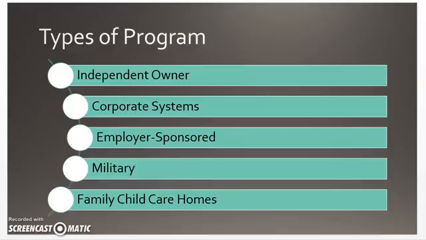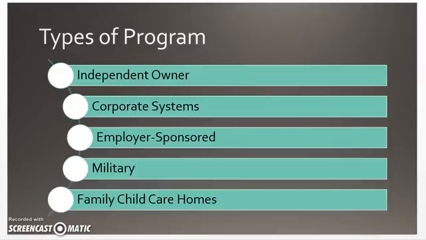An example might be Procter & Gamble. Military programs: the Department of Defense operates a childcare program at military installations across the country. So, for example, Wright-Patt Air Force Base does have an on-site program within the military.